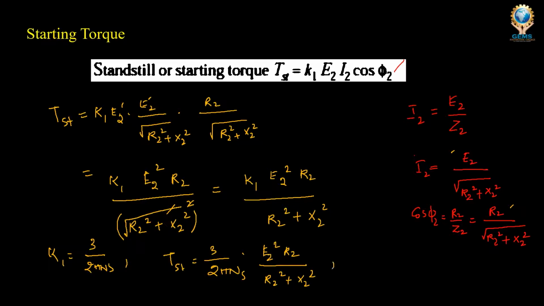We can write like this: if supply voltage is constant, we can write Tst equal to E2, so this is constant, so no need of the dependence. So we can write R2 divided by R2 square plus X2 square. So this is the starting torque. Okay, starting torque.